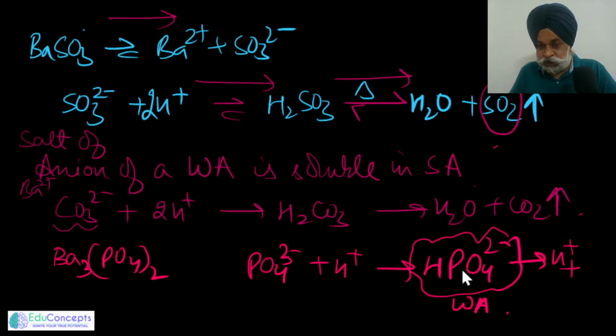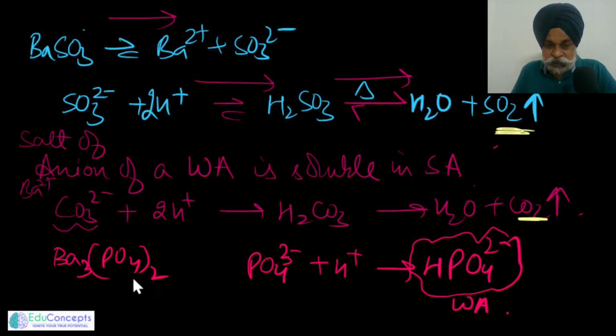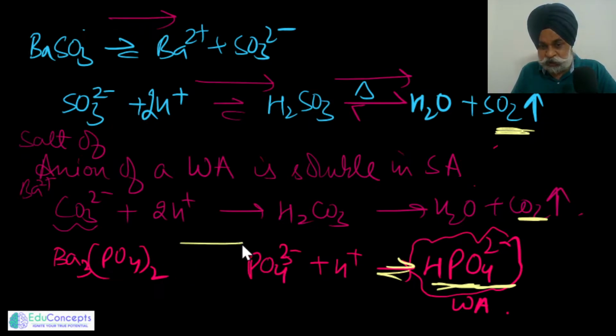In the previous two cases, as soon as you add H+, there is an evolution of gas, and because of this evolution of gas, the equilibrium goes forward. But in the case of phosphate, it turns into this particular species, which would not dissociate much further. So this equilibrium also gets shifted towards the forward direction. But now we are left with the options in that question. Let us check that out.